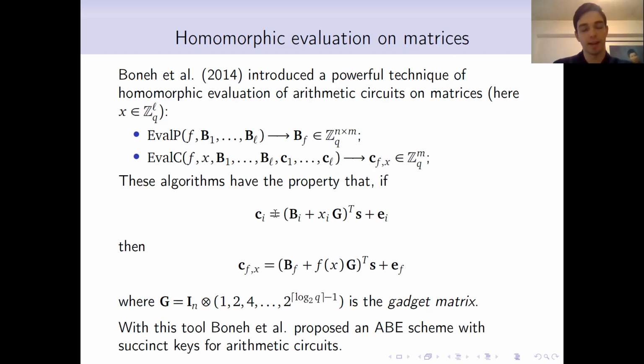And they have the essential property that if the Ci are of this form, that is, they are LWE samples with this matrix here that encodes the Bi and the Xi, then the output C of F and X is of the same form, where here we have the matrix BF and here F of X. In these expressions, G is this block diagonal matrix where each block has these powers of 2, and it is called the Gadget matrix.